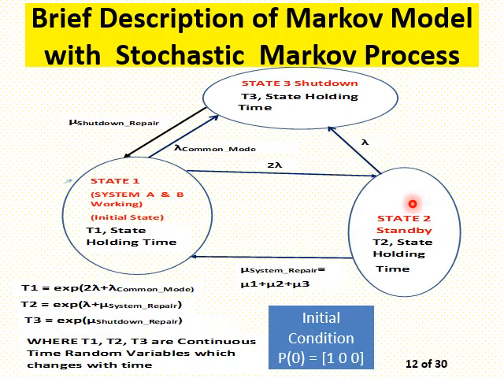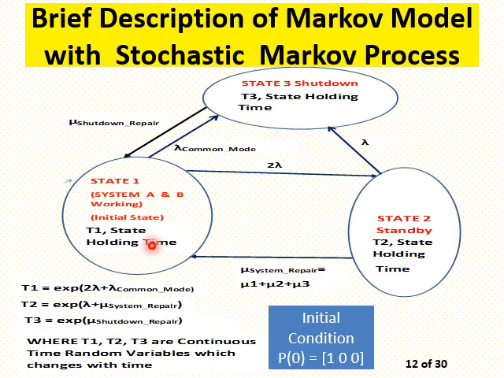If exponential of lambda is less than the exponential of mu, the system repair, then it goes from state 2 to state 1. But if exponential of system repair is less than the exponential of lambda, that is the failure rate of the system, then it moves to state 2.